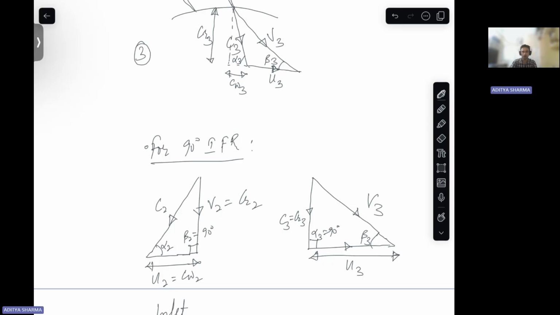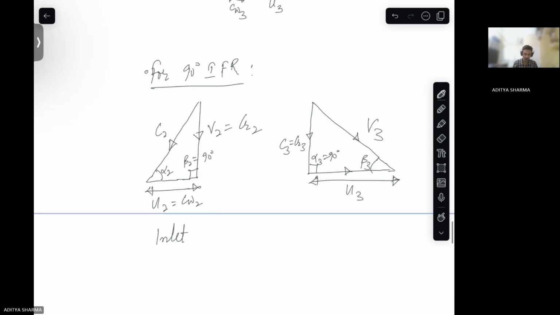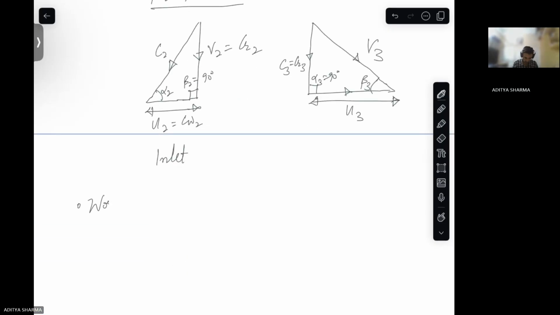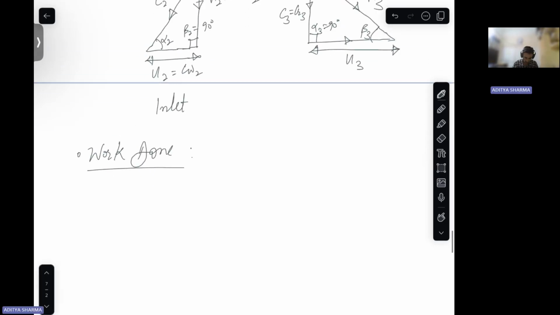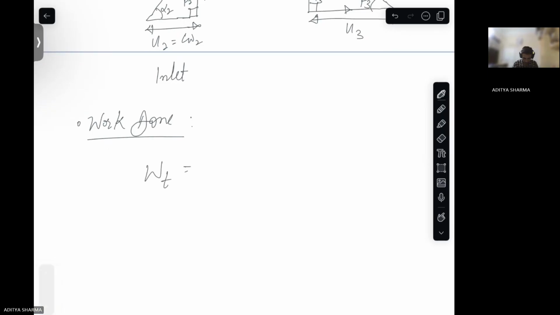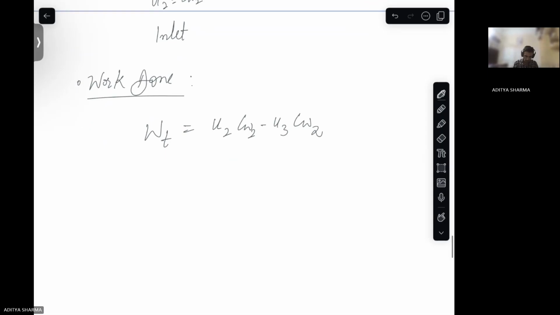Yes. So if you talk about work done by this turbine, right? Work done. So WT will be equal to, this is radial flow turbine, U2 CW2 minus U3 CW3. Then for 90-degree IFR, CW3 is equal to 0.